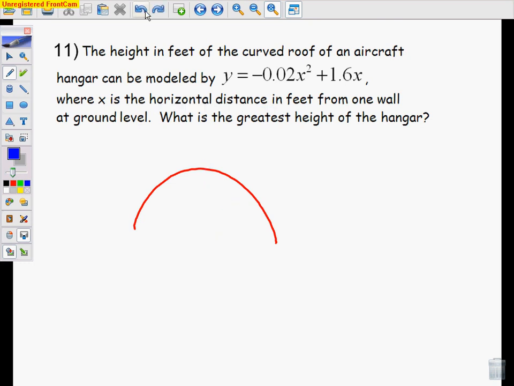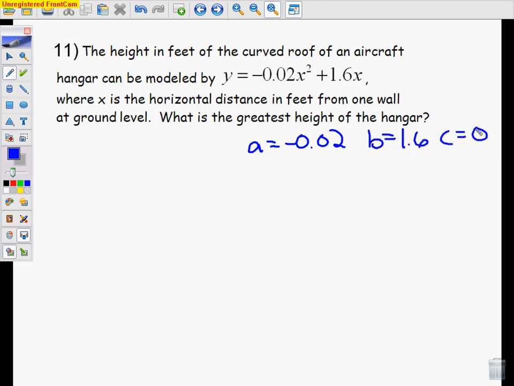Alright, so let's go ahead and find our vertex. Here in this problem we see that a is negative 0.02, b is positive 1.6, and c is 0. So our vertex formula, the x coordinate of the vertex is the opposite of b over 2a.